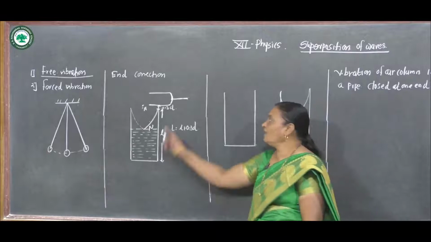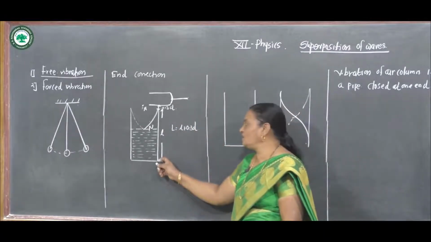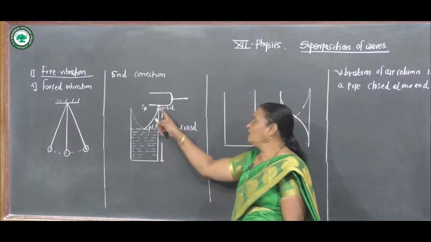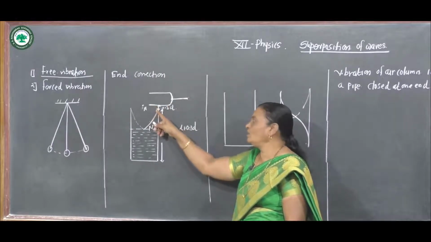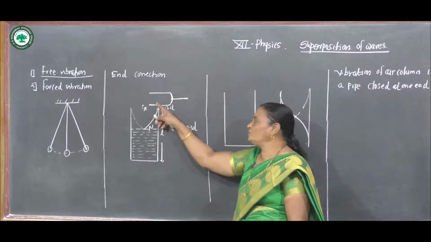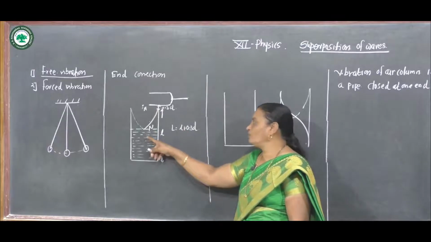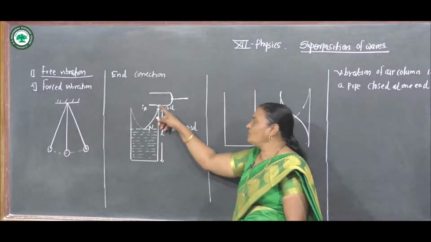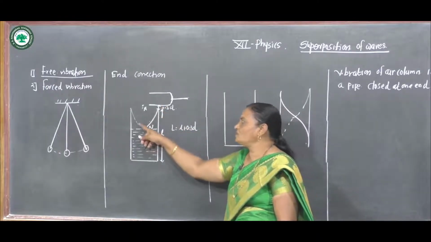Now we see the end correction. Here we consider a jar containing water and a tuning fork held near the open end. When the tuning fork is hammered, a longitudinal wave is sent through this pipe and it is reflected from this closed surface.